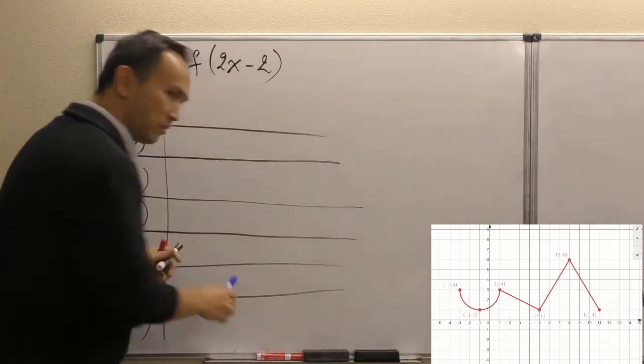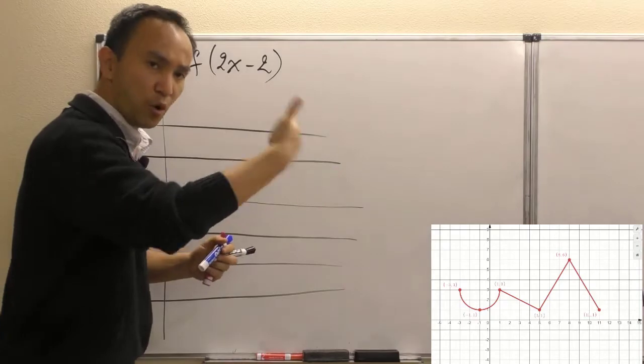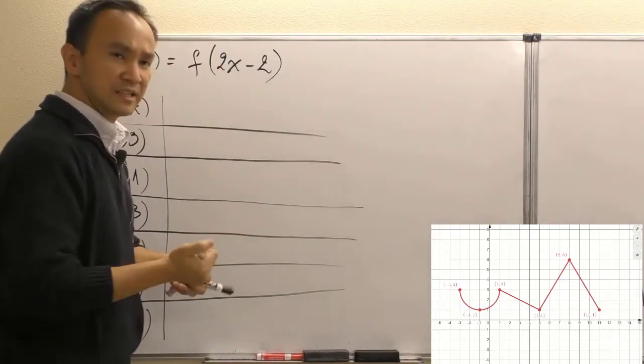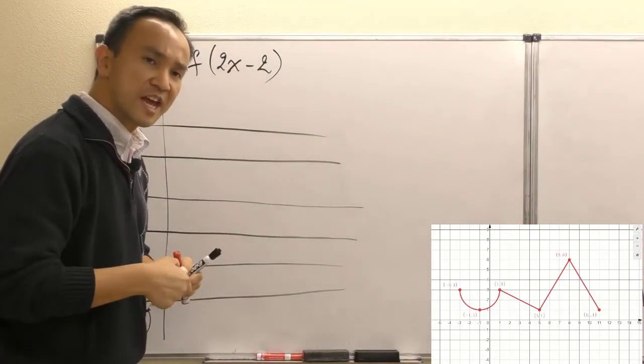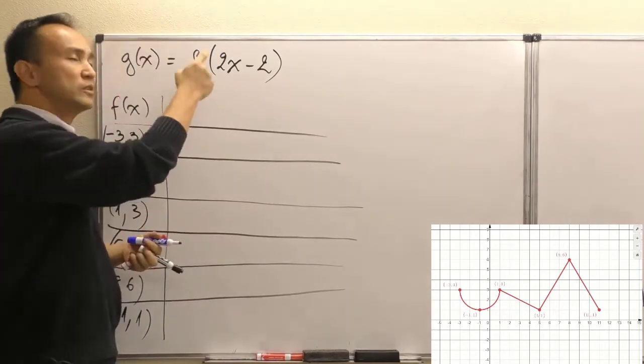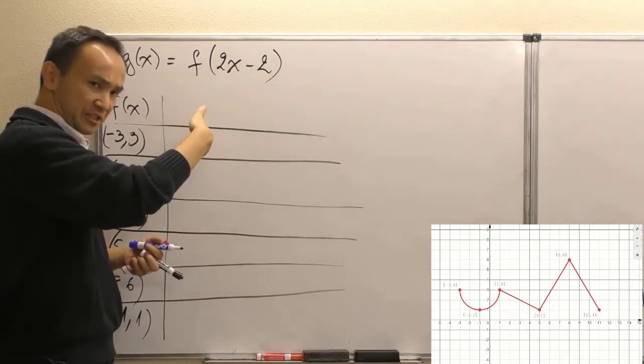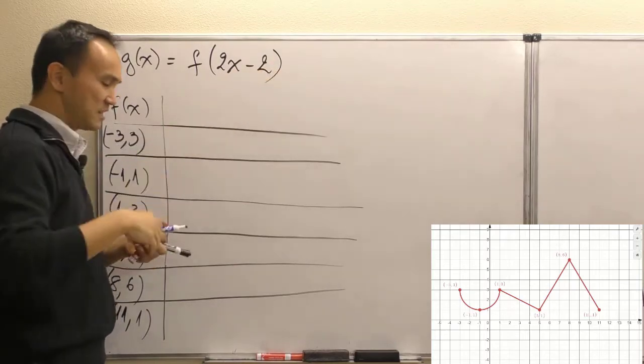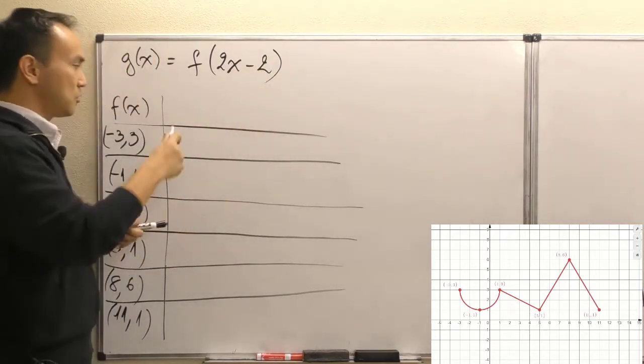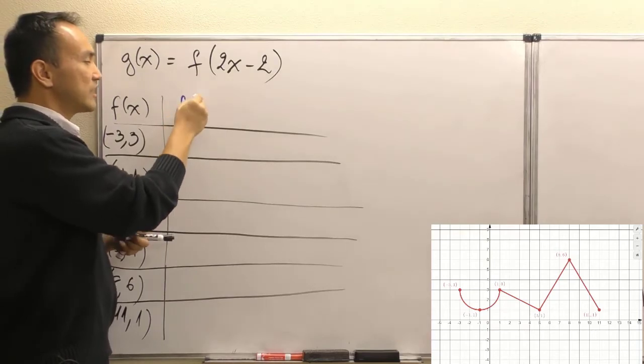So now, as a multi-step transformation, like I said earlier, we want to stay in that rule where we do the horizontal scaling first before the shifting. And so we think about producing f of 2x.